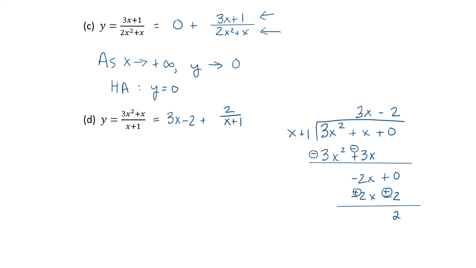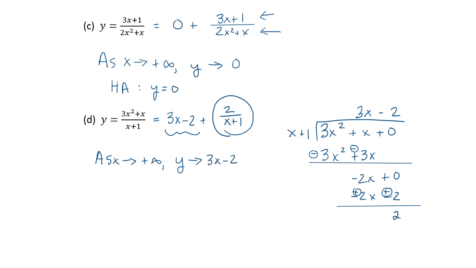Again, what is the end behavior? As x approaches positive infinity, this is going to go to 0. But we're still left with this, and that is not a constant. So, as x approaches positive infinity, y approaches 3x minus 2.